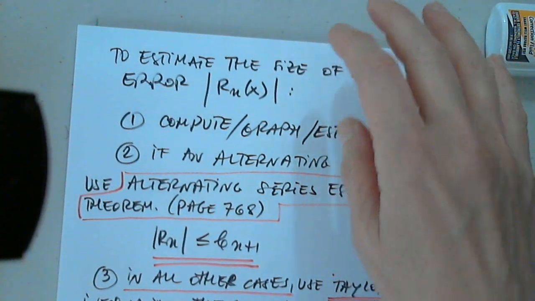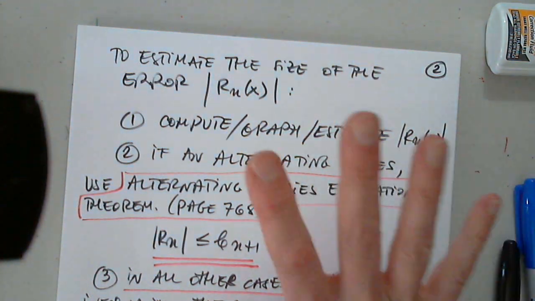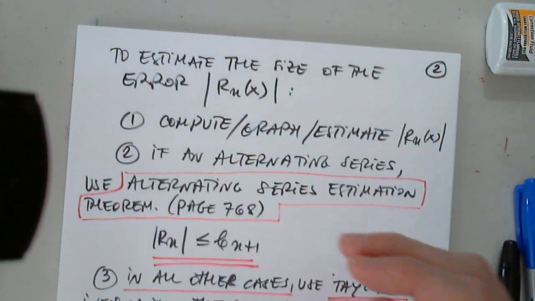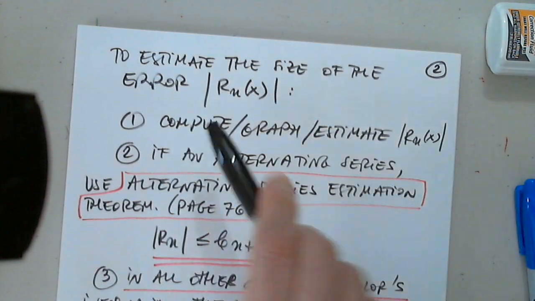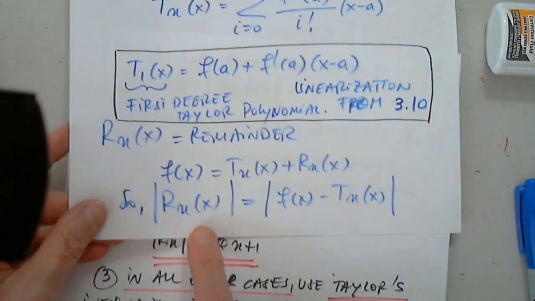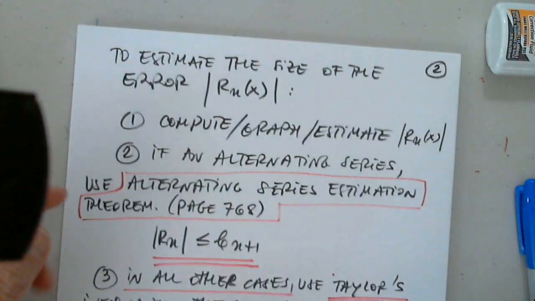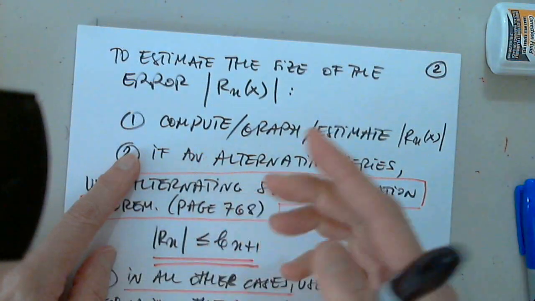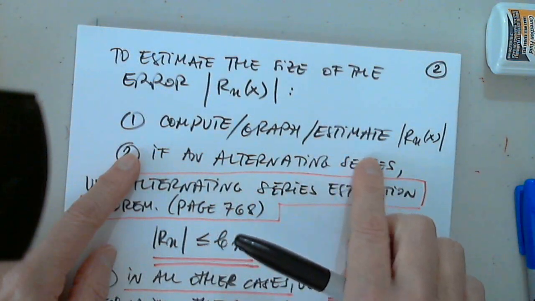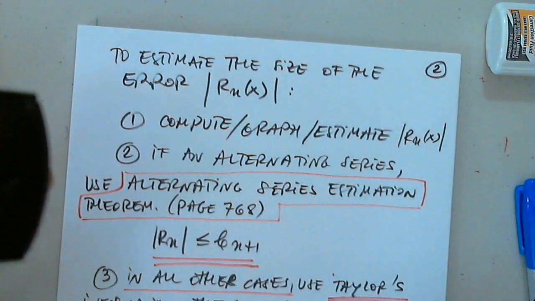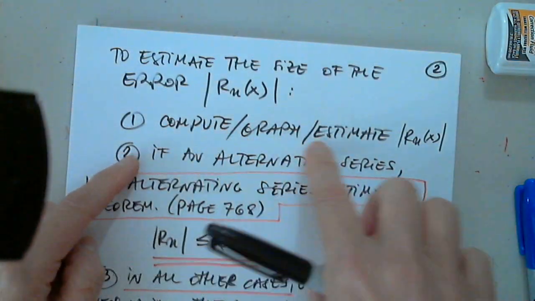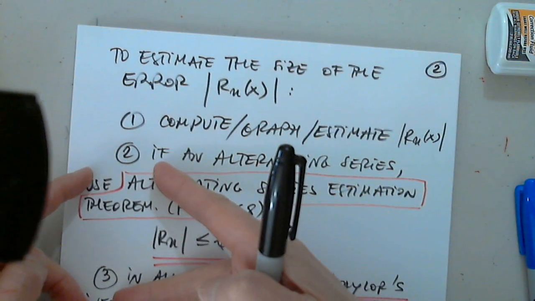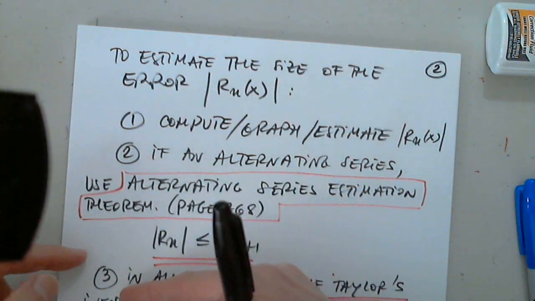Now, one other topic here, and then we can start working on problems, is how to estimate the size of the error, which is this. One possibility would be to compute using a calculator or graph or estimate. That's one possibility, but we are going to look at these two mainly. We are going to graph also, but 2 and 3, let's discuss 2 and 3.